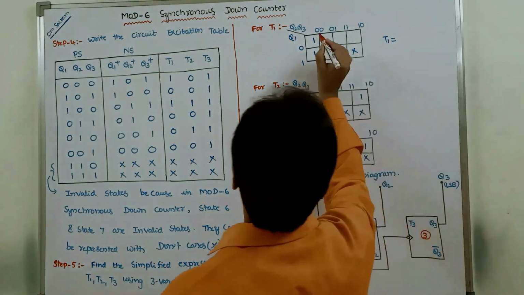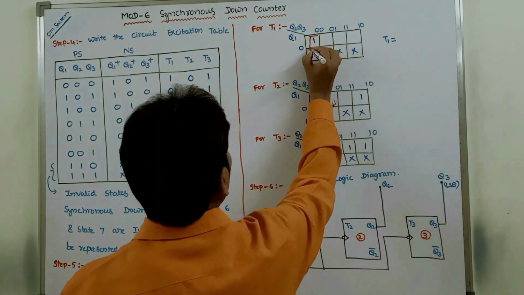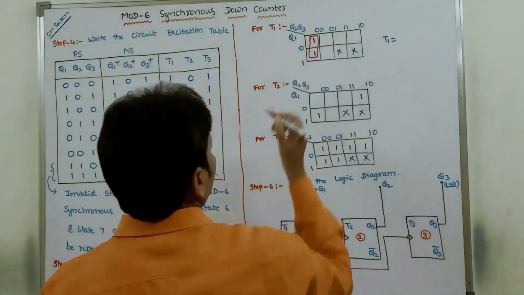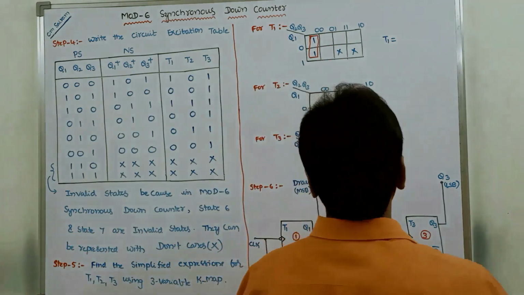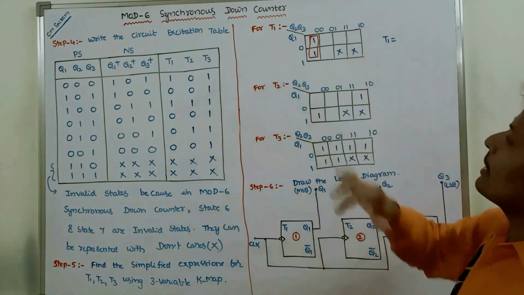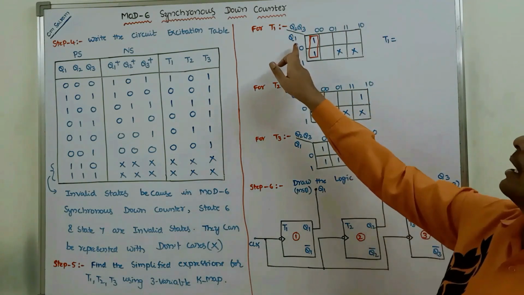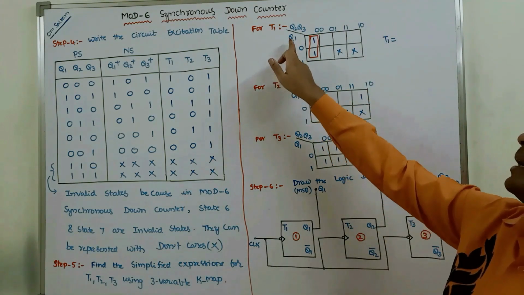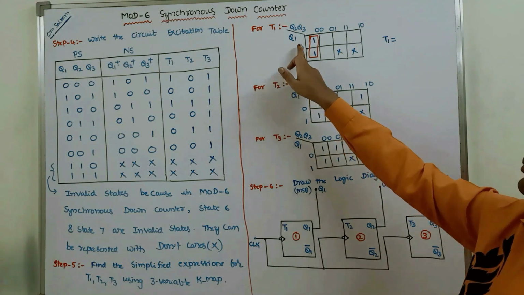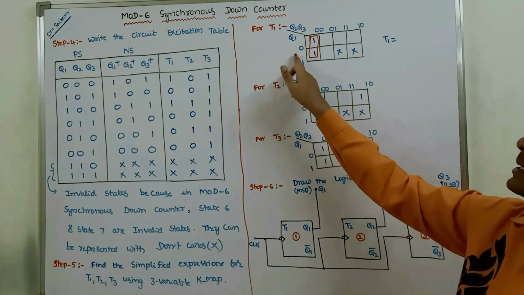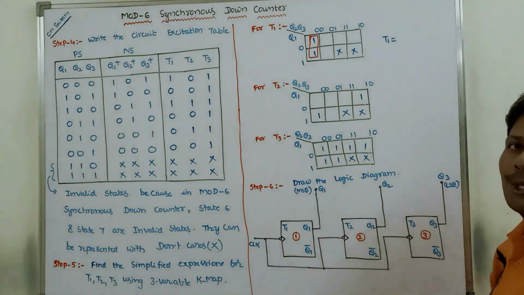Okay. So now these two ones can be formed as a pair. For this pair, the horizontal side contains 0, 1. It belongs to the Q1 variable. Both bits are different. Simply we have to ignore the Q1.